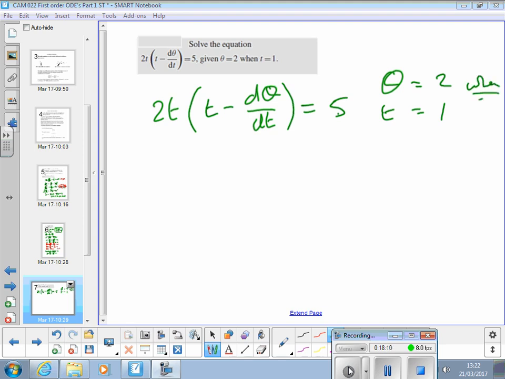The boundary conditions. So what do we need to do to that? Divide by 2t. So we end up with t minus d theta by dt equals 5 over 2t.